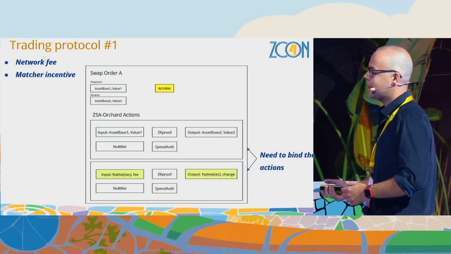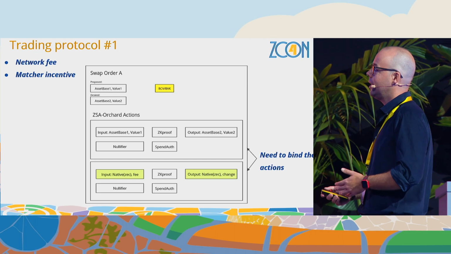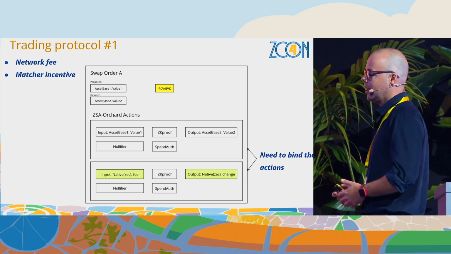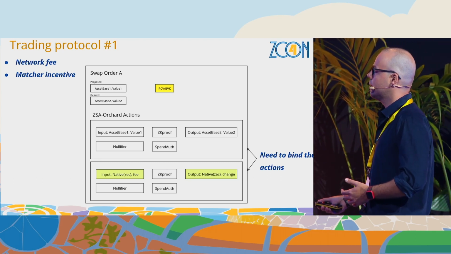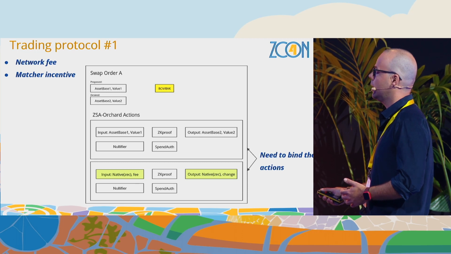If the assets being traded are new assets, they are pretty much worthless at the point of the trade. The matcher doesn't necessarily want to get paid in some unknown token, for example. So with this mechanism, the matcher is guaranteed to be paid using the native token, which is ZEC. So we're solving 2 problems in one go, both the network fee and the matcher incentive.